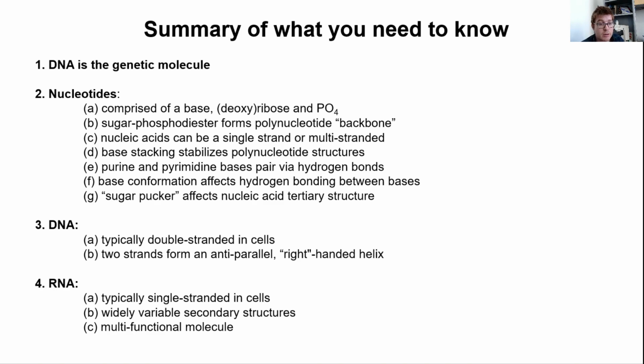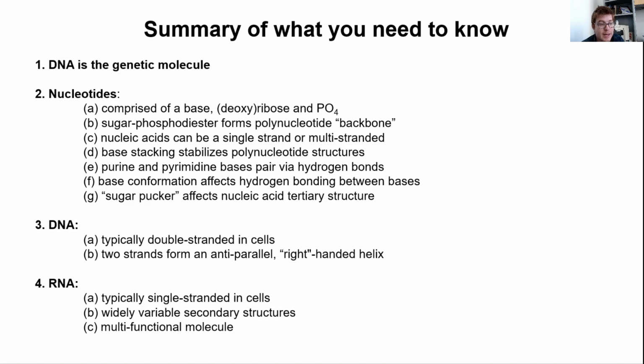Nucleic acids in general are made up of nucleotides that contain a base, a ribose sugar, and a phosphate, and those nucleotides are connected together in a sugar phosphodiester backbone. Nucleic acids can be single-stranded or multi-stranded, and in base pairing interactions, base stacking can stabilize polynucleotide structures. So in the double helix, for example, that base stacking is really what drives the stability of the helix.